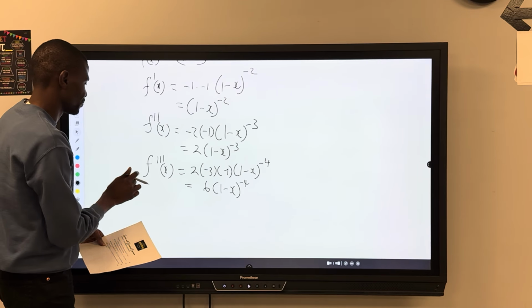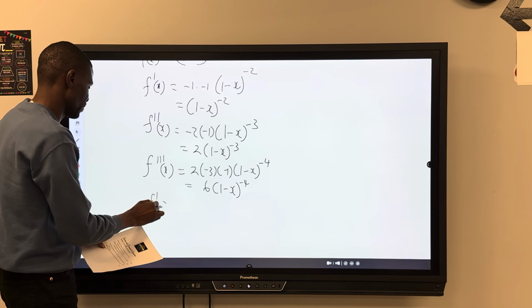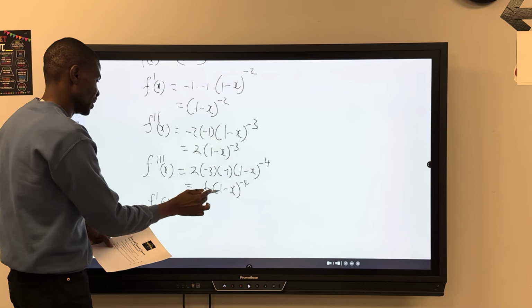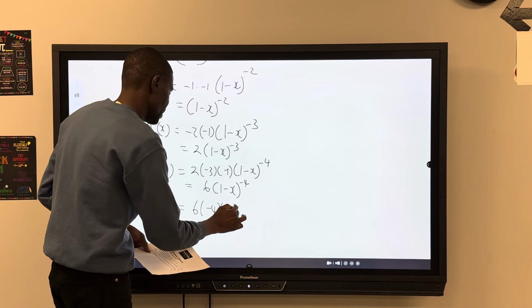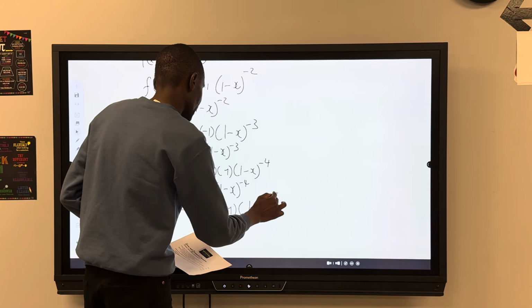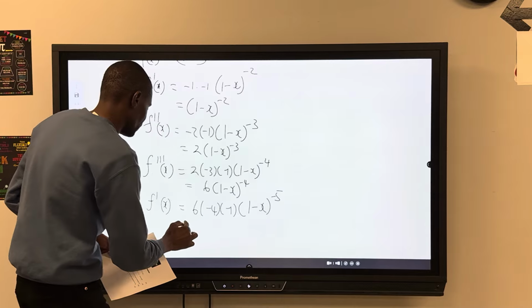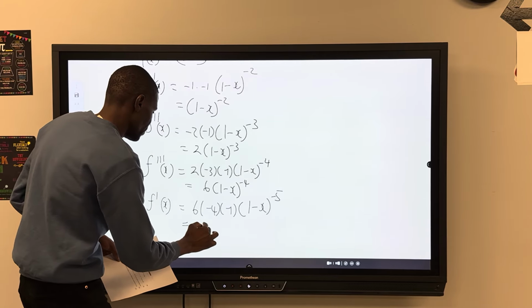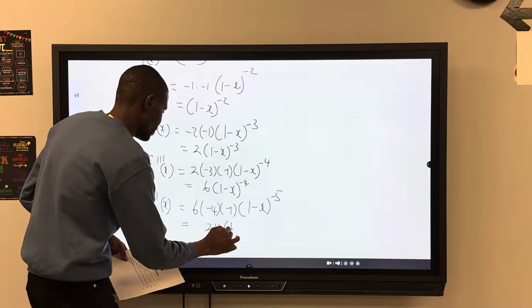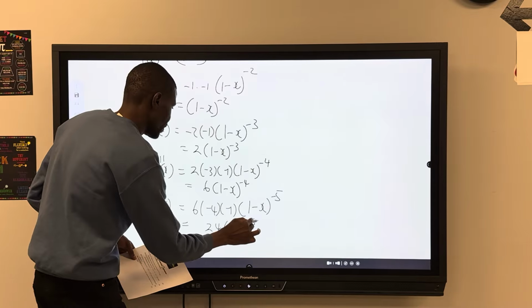Then our fourth derivative is equal to 6 times negative 4 times negative 1, (1 minus x) to the negative 5, right? Which is just 24 (1 minus x) to the negative 5.